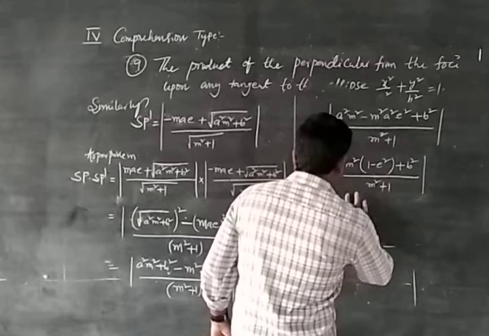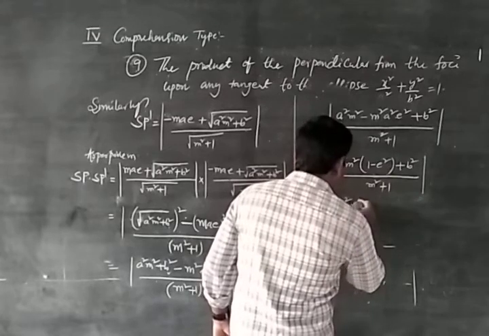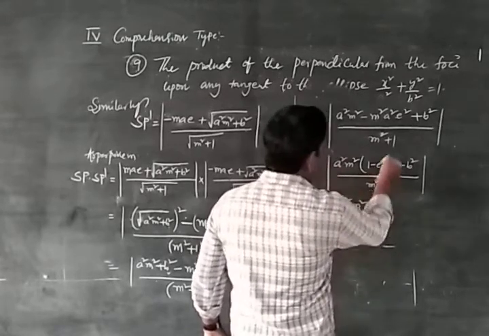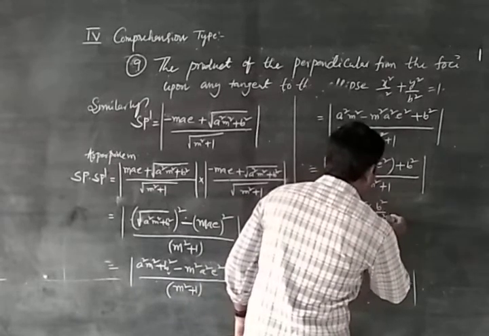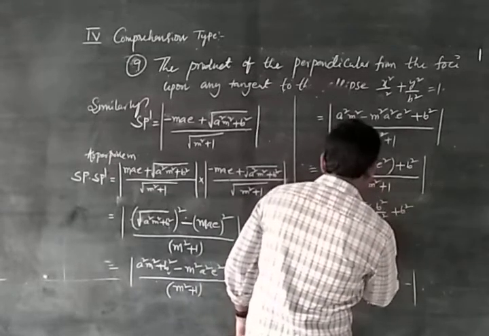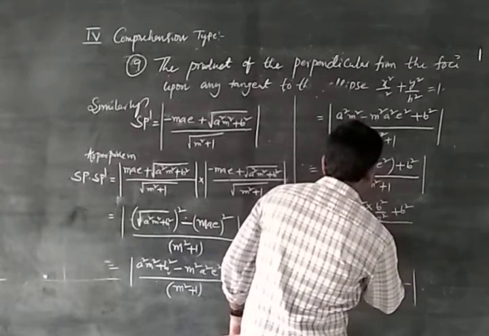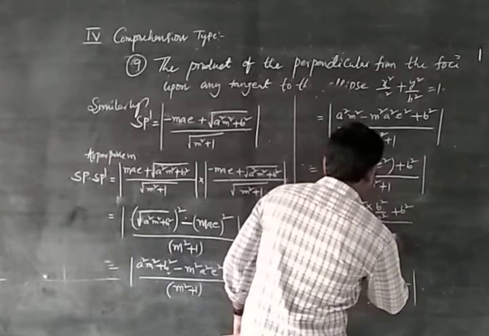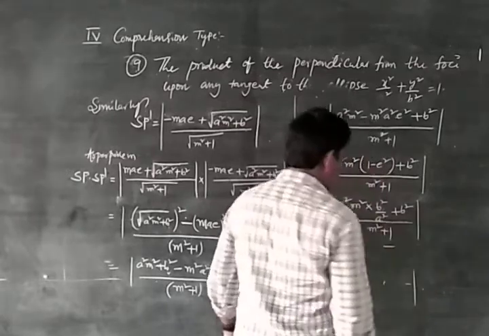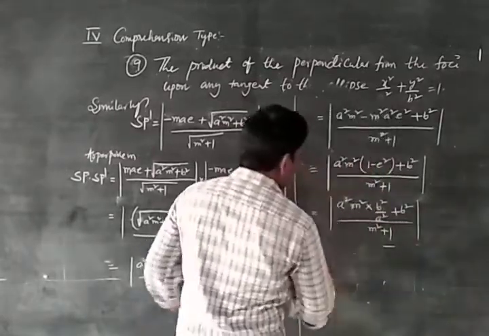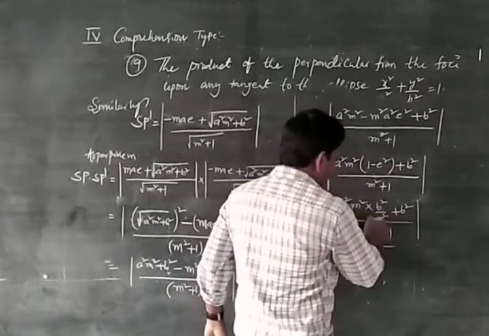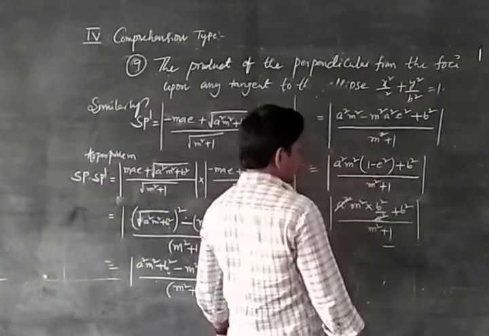So a square m square into b square by a square plus b square, by m square plus 1. a square cancels.